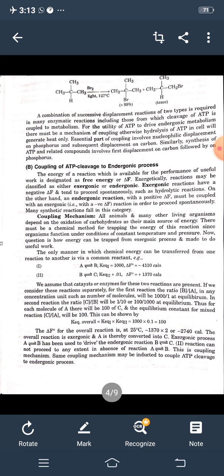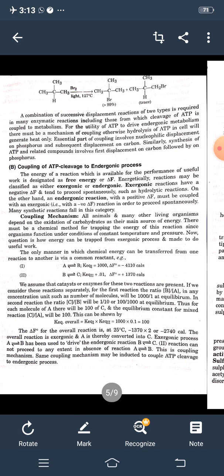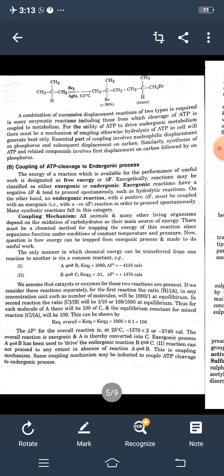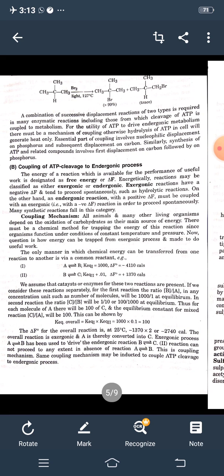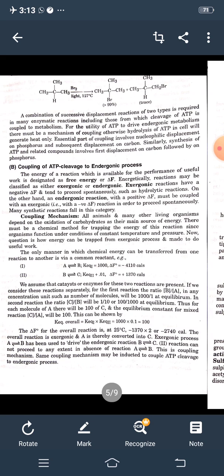For example, A is in equilibrium with B, which is in equilibrium with C. So delta F0 comes out to be minus 4110 calories, and in the second, when B is in equilibrium with C, then delta F0 is plus 1370 calories. So the delta F0 for the overall reaction at 25 degrees centigrade is minus 2740 calories, and the overall reaction is exergonic.